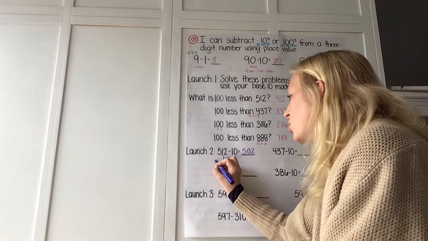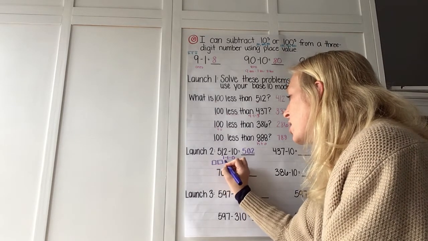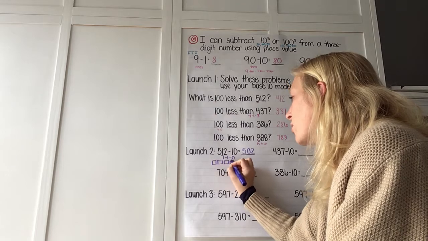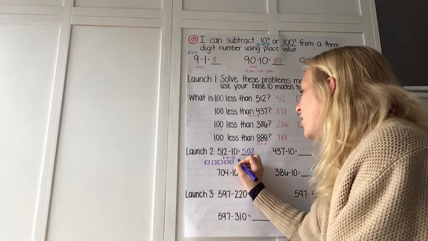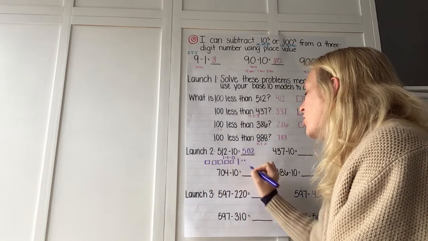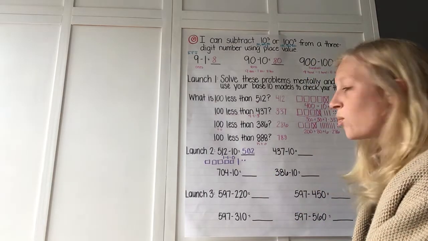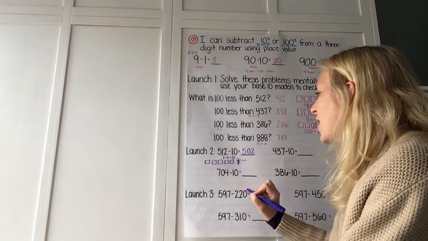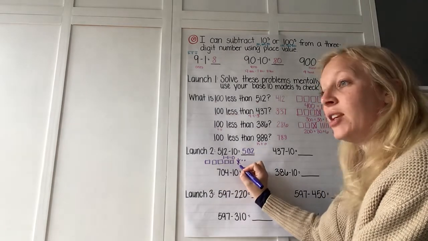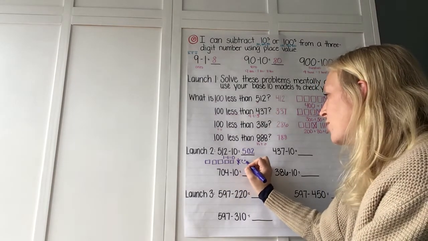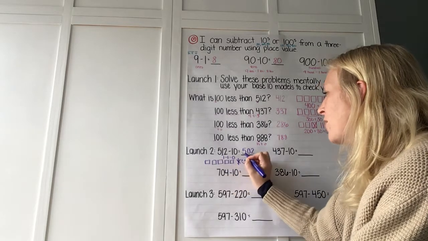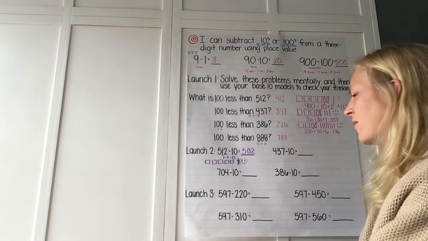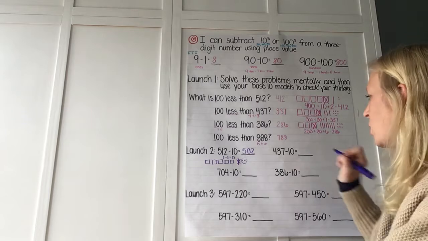All right, and so when you show that, 100, 200, 300, 400, 500, 10, and 2 ones. And then what part of your model are you taking away? Your tens place. And there we go. Now we have 0 tens left. We still have 2 ones, and we still have 5 hundreds. Very nice work.